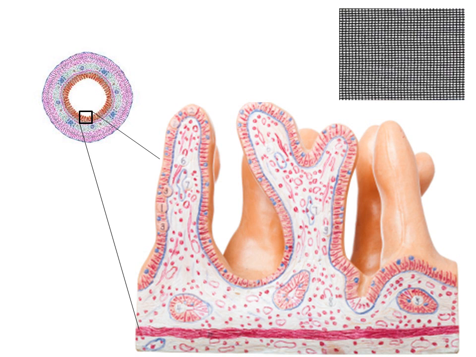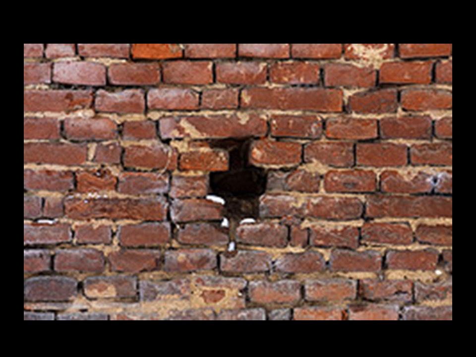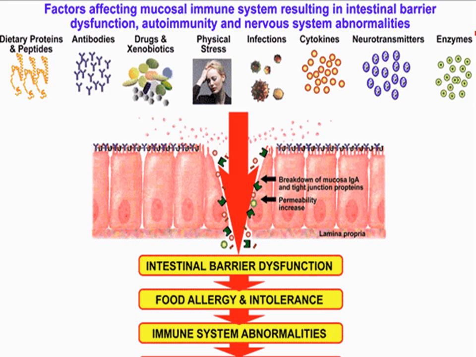So what we have right now is like a screen. It's only letting certain small, appropriate particles and foodstuffs through to feed the system and work the metabolism. So if we start to see holes or breakdown in that brick wall, that barrier, then obviously we're not keeping out what we need to keep out.